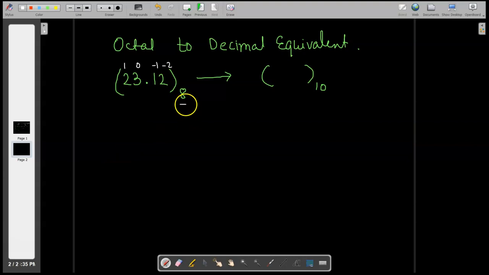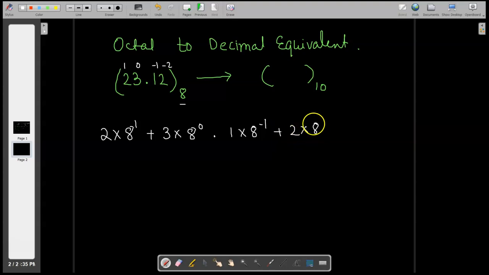Now since it has a base 8, how are we going to do it? 2 into 8 to the power of 1 plus 3 into 8 to the power of 0 dot, this will be 1 into 8 to the power of minus 1 plus 2 into 8 to the power of minus 2. Now let us calculate.